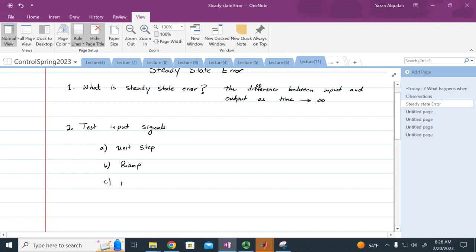And third, parabola. So apparently, the steady state error is going to depend on the input we apply. And these are the three inputs that we're going to study and determine the error for.